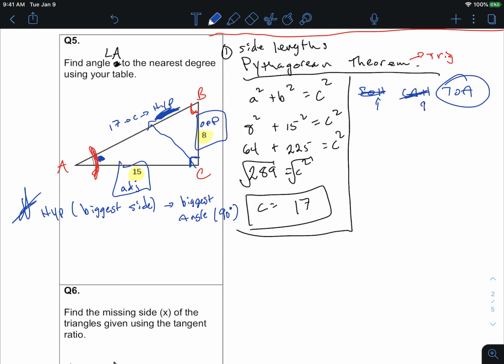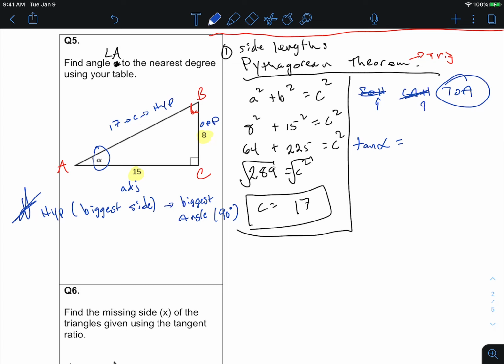The way this works is I'm going to take the tan. You're going to go tangent of the angle, because that's what I want to know. Tan of alpha is equal to opposite over adjacent.